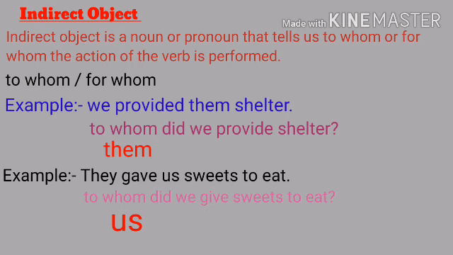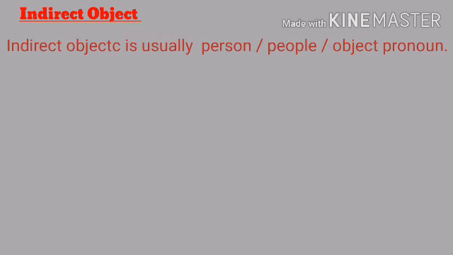Dear children, you must remember, just like the direct object is something or a thing, similarly the indirect object is usually a person or people or an object pronoun in a sentence.